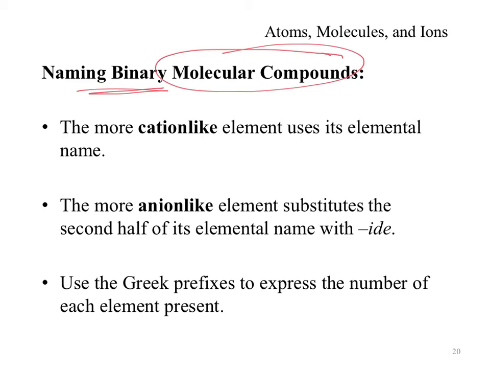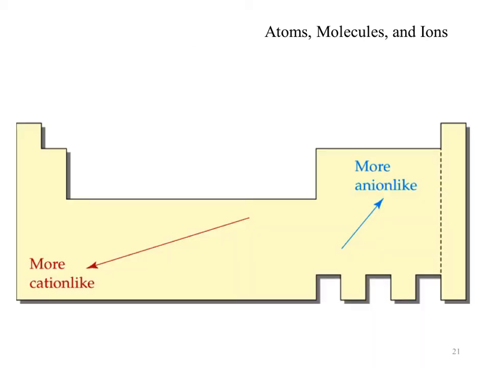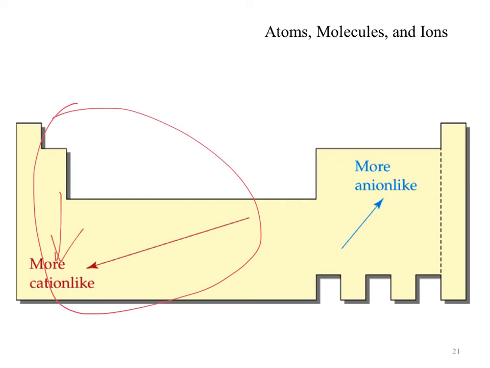Now typically on the periodic table, perhaps envision that the more an element is on the left side of the periodic table, especially towards the bottom, it is going to be more cation-like, because that's where most metallic character metals are.